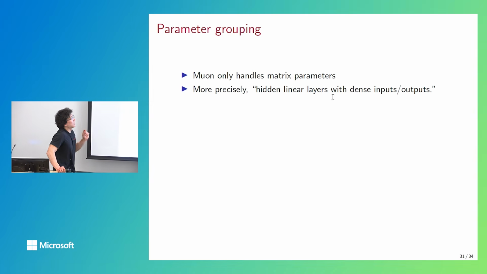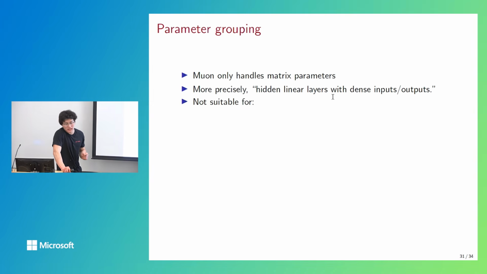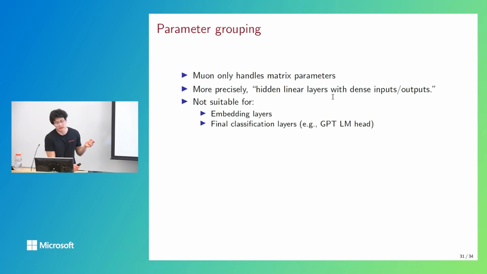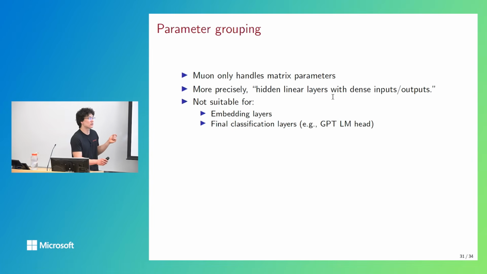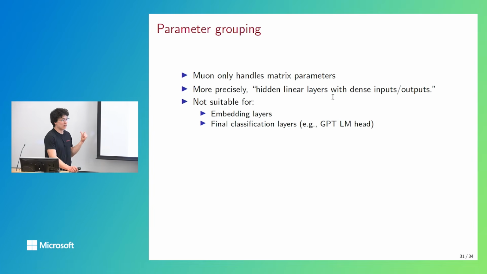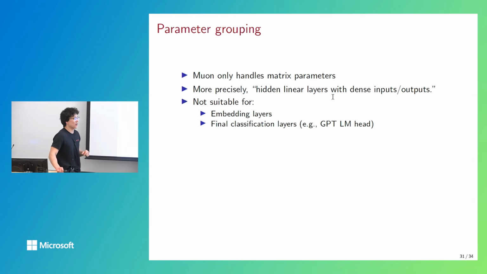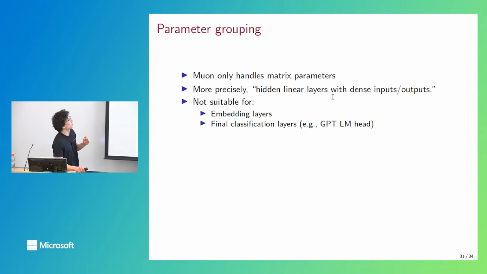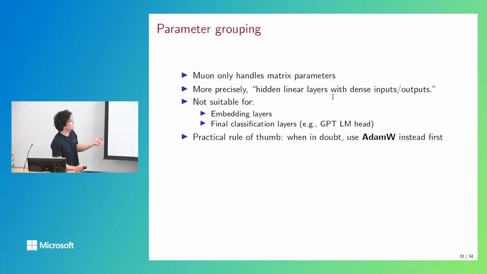It is actually for hidden linear layers with dense inputs and outputs. That being said, it's not suitable for embedding layers or final classification layers or LM heads, because for them, either input or output are meant to be sparse. So it doesn't qualify for Muon. For them, you have to use AdamW, for example.